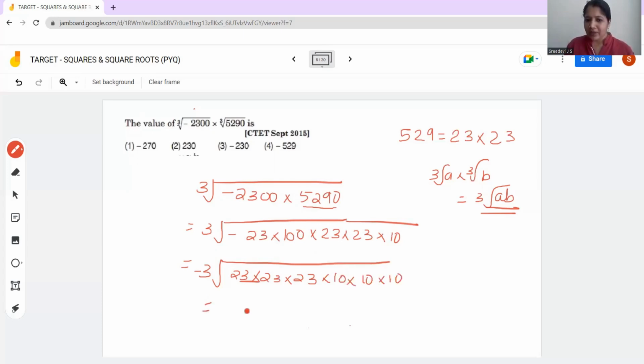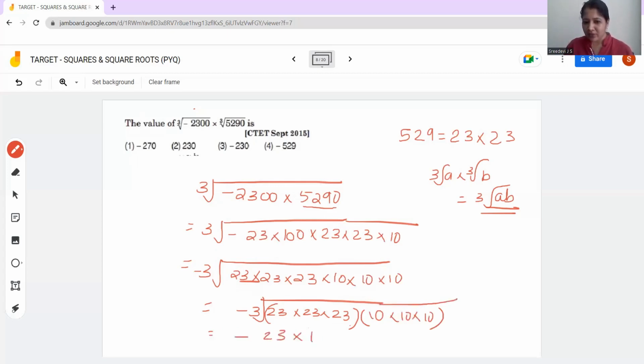So I'll be getting minus of cube root of 23 into 23 into 23, that is a group of three 23s together, then 10 into 10 into 10. While we take the cube root of this, we take one number from each group. So it is minus of 23 into 10. So we'll be getting the answer as minus 230. So this is the answer, option 3.